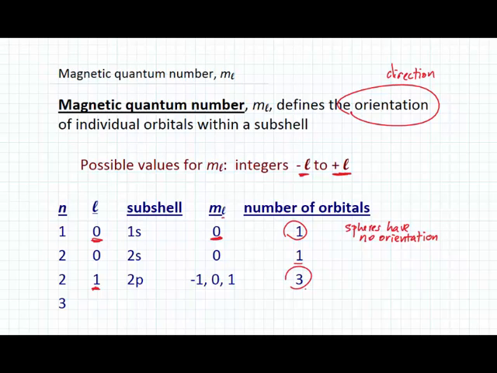So every 2p subshell is made up of 3 of these orbitals. And sometimes they're called px, py, and pz. But that's because we're at L equals 1. So we got negative 1, 0, and positive 1 for our 3 orientations of that.